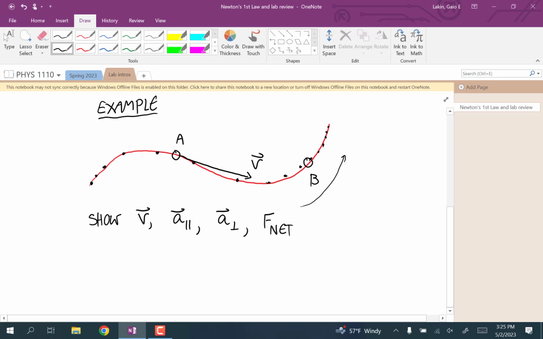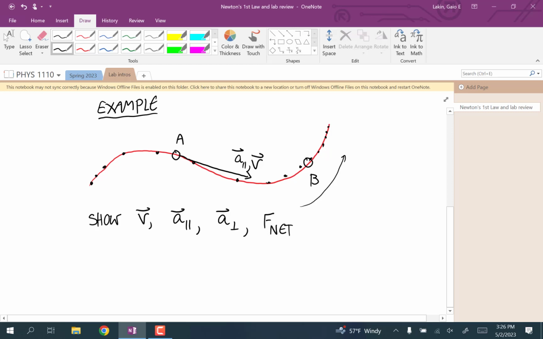But now we have to think, okay, if the snapshots are getting farther apart when we're at point A, which way is the parallel part of the acceleration going? If they're getting farther apart, it's speeding up. So we know that the parallel part of the acceleration is in the same direction as the velocity. And then which way is it turning?